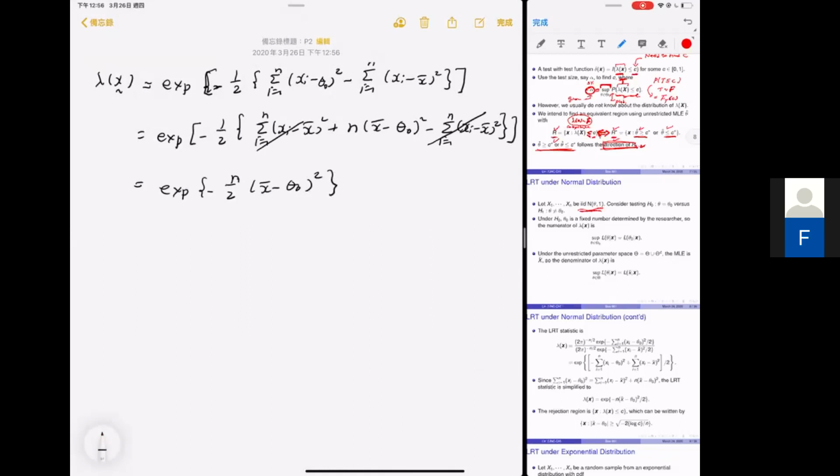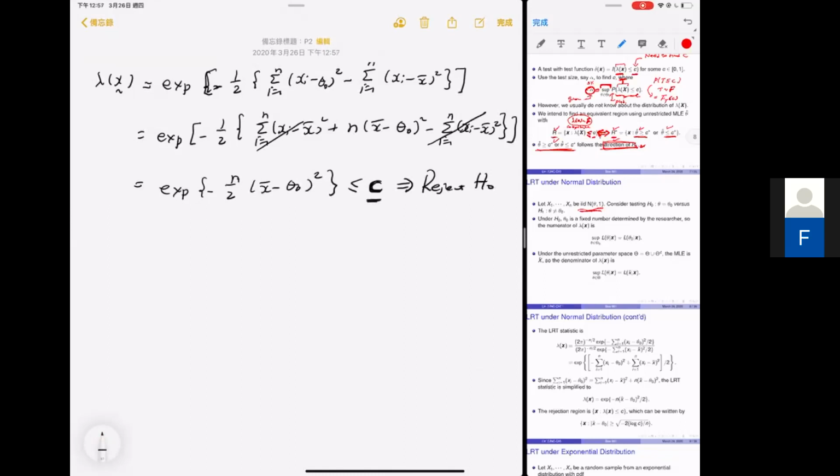You can claim that as long as lambda x is smaller than c, some cutoff, I'm going to reject the null hypothesis. But the point is, what is c? What's the cutoff?